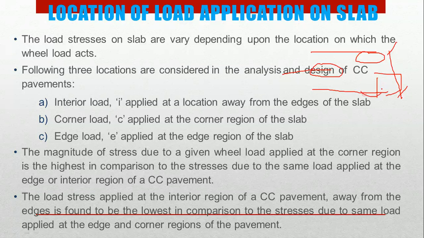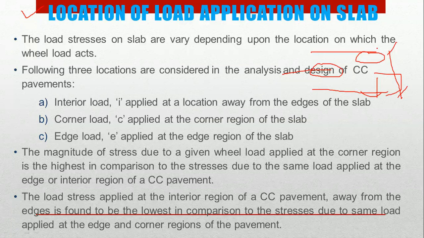Based on this there is a variation in the stress level. Therefore the location of the load application on the slab is a very important parameter in the case of rigid pavement, because the load stresses on a slab depend very much upon the location on which the load is acting.